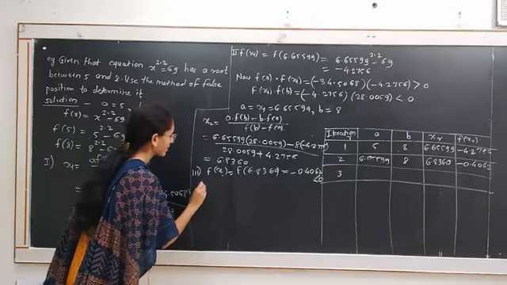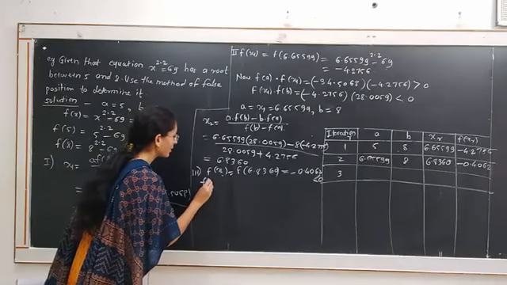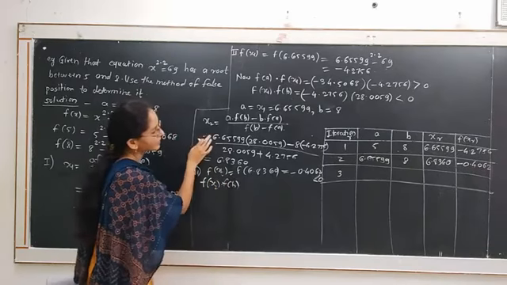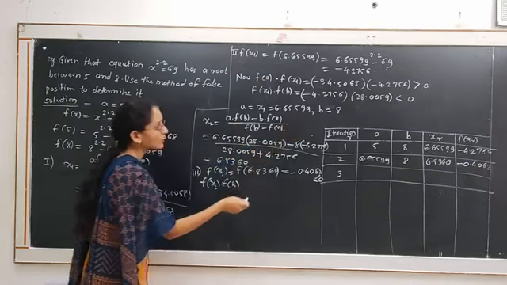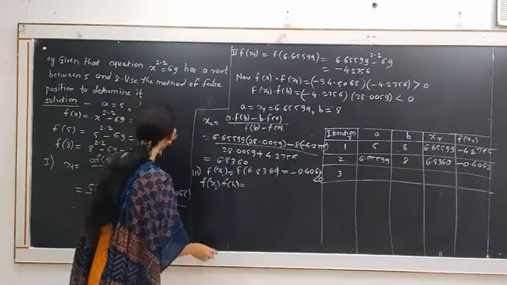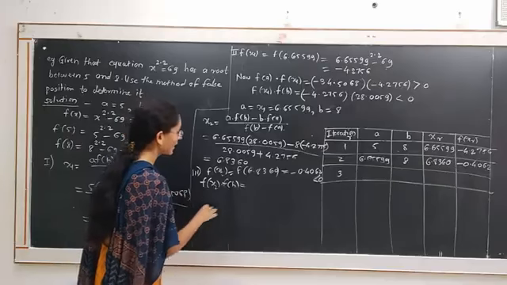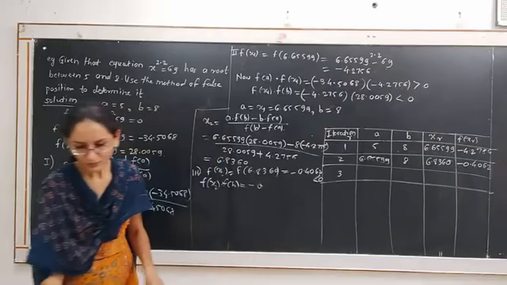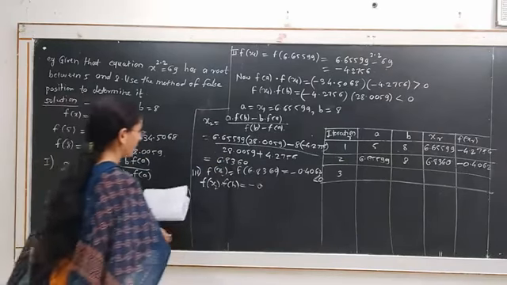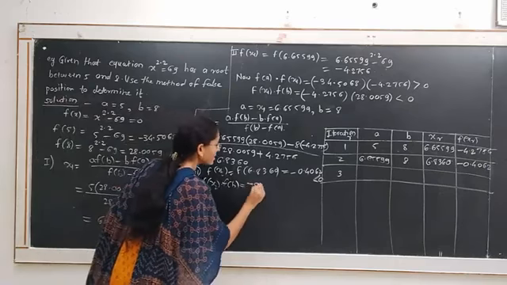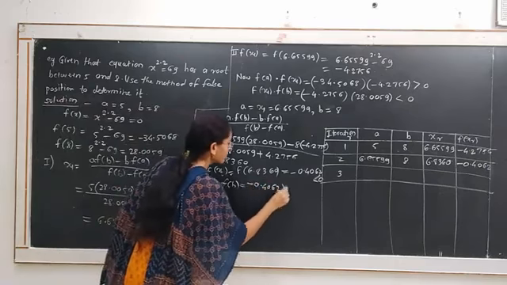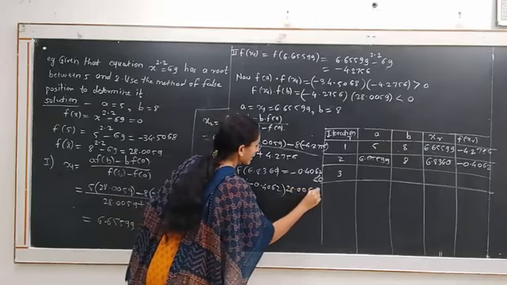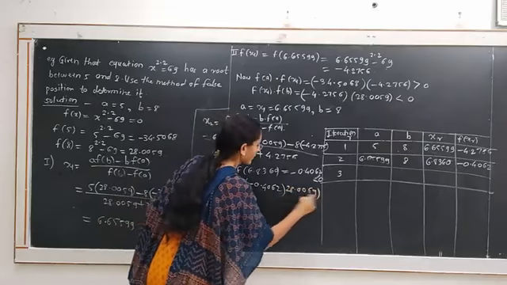Hence, we consider the product f of x2 into f of b. In the previous step, f of b value is positive, which is equal to 28.0059. f of x2 is negative, minus 0.4062, into f of b value 28.0059. This product is negative.